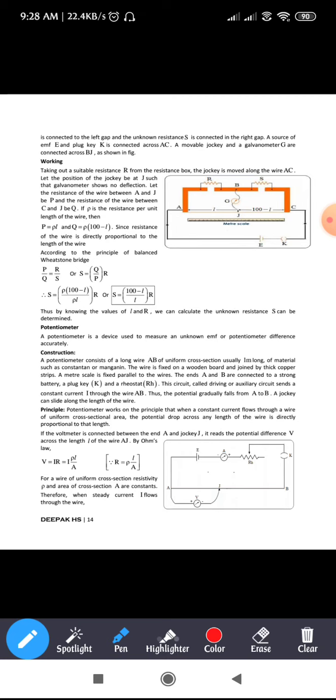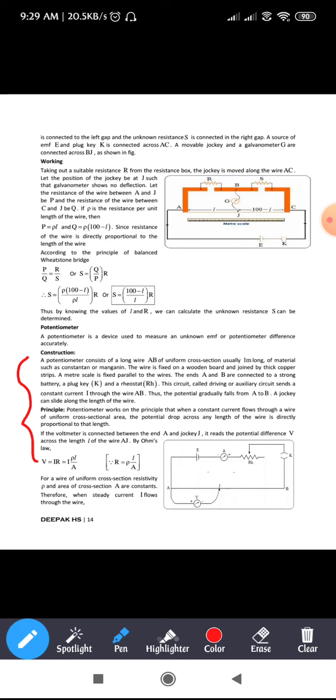Next, I'll come to the construction of this potentiometer. Let us see what it consists of. A potentiometer consists of a very long wire AB of uniform cross section, usually 1 meter long, of material such as constantan or manganese. The wire is fixed on a wooden board and joined by thick copper strips.